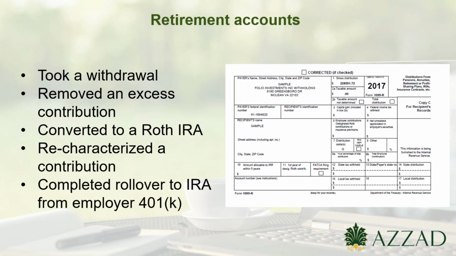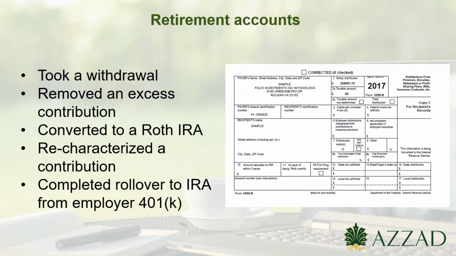Now let's talk about retirement accounts. If you have a retirement account, you may also receive a 1099-R from your financial company. You can expect to receive a 1099-R if you owned a retirement account and took a withdrawal, removed an excess contribution, converted to a Roth IRA, recharacterized the contribution, or completed a rollover into an IRA from your employer 401k.